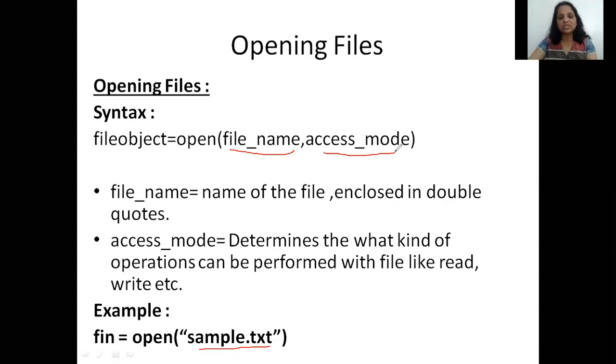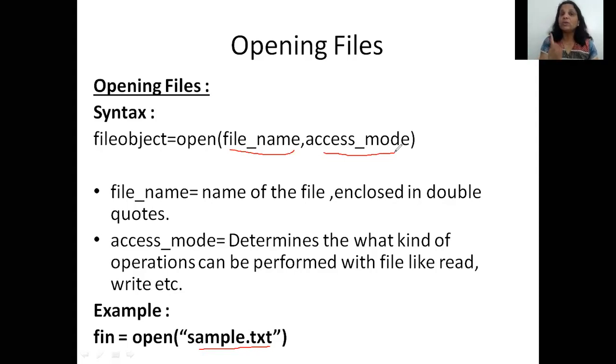Okay, so look at the example below. I have written fin is equal to open. So I'm going to make use of the function named open, and I wrote the file name. Now you might wonder, access mode is not specified. The reason being, by default, the access mode is the read mode. So if I plan to read the contents of a file, even if I don't specify the access mode, it's fine because it is by default the read mode.